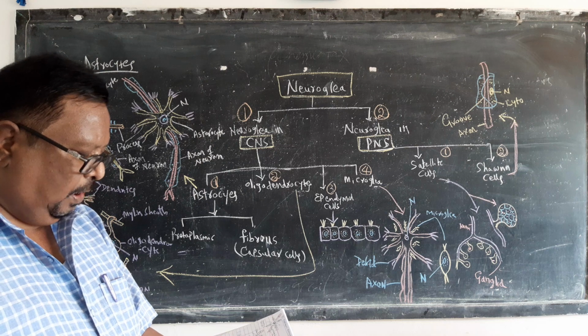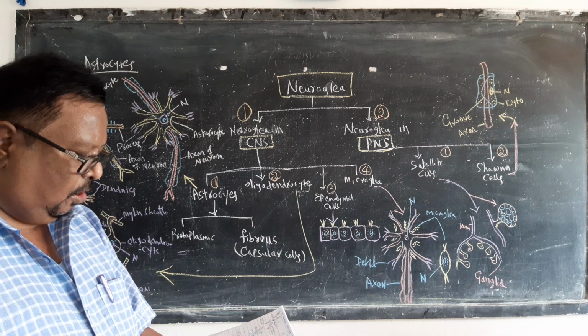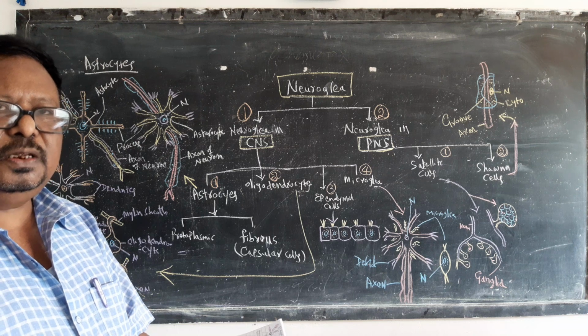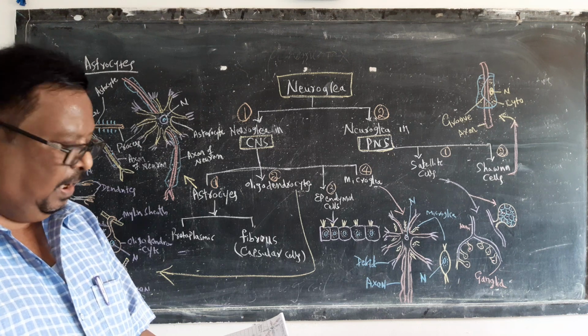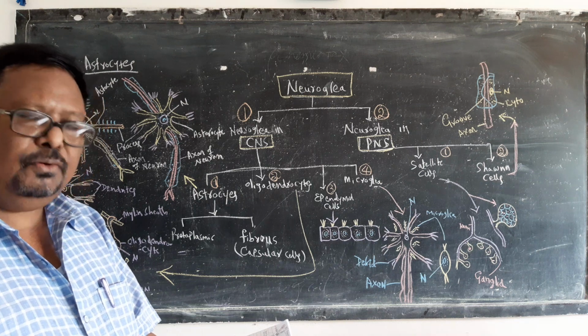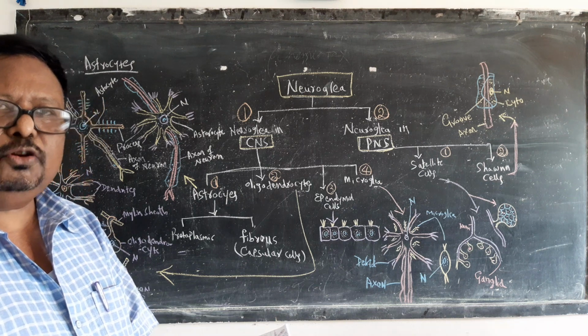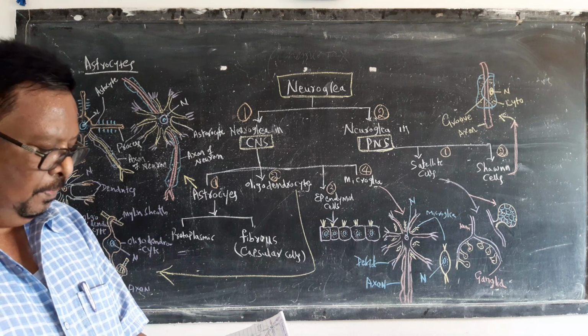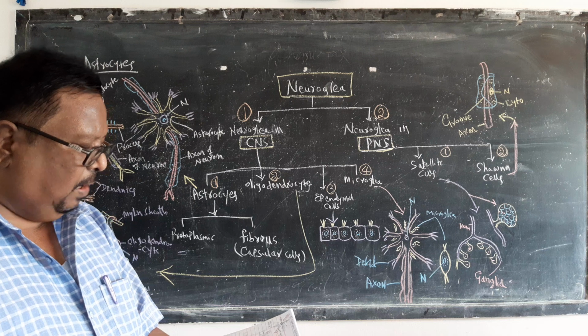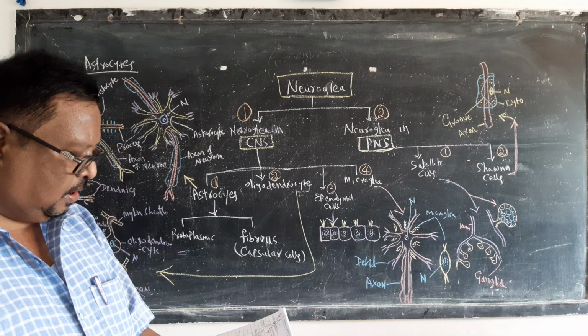They also help in guiding the migration of young neurons. When the young neurons are produced, they are directed by these astrocytes where they have to sit. So the migration of the young neurons is guided by these astrocytes.